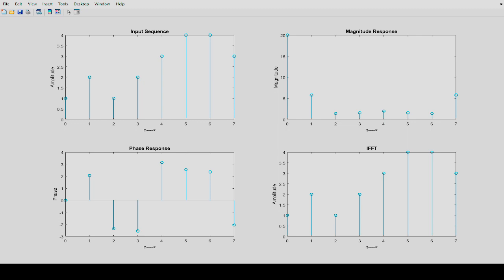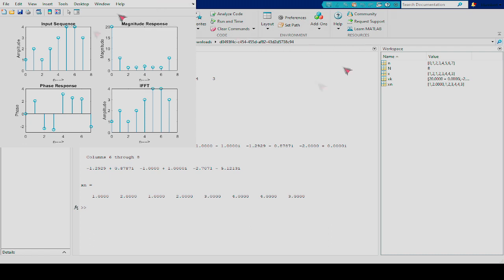As can be seen, N will be the one we're looking for, using the length command. The input sequence is the one we inputted before we ran it, and XK are displayed in the command window with the different waveforms.